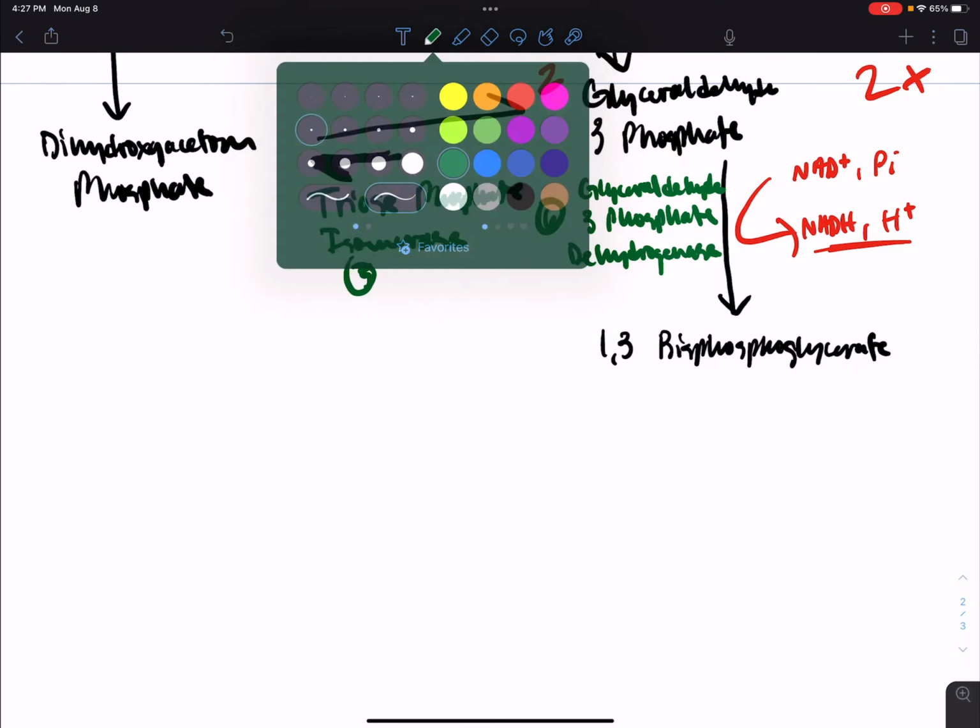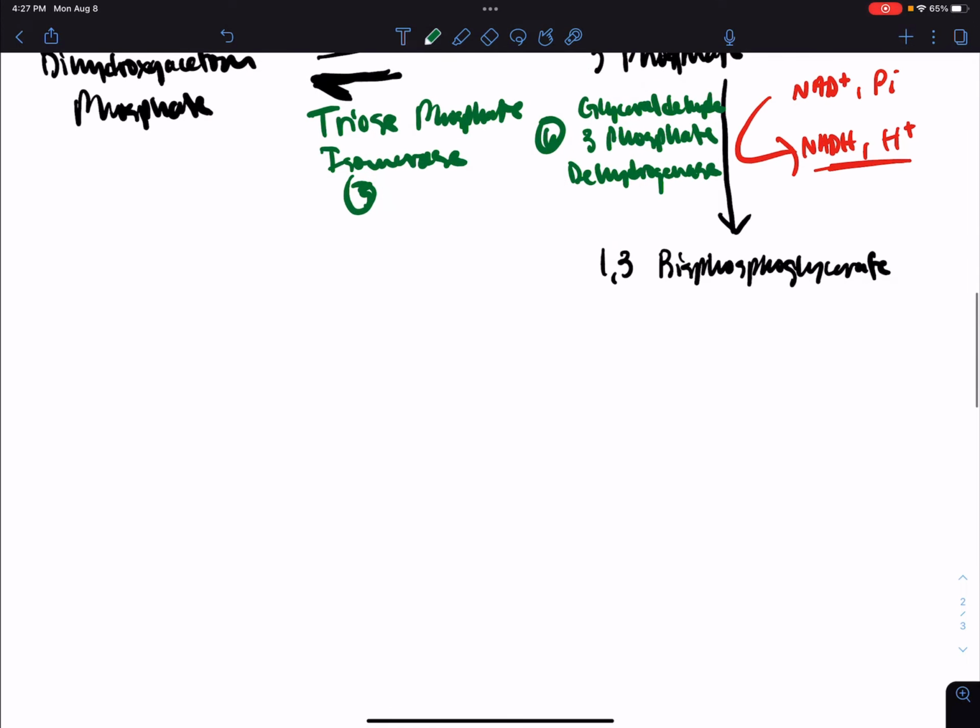So now we move down to 1,3-bisphosphoglycerate, which is being converted into 3-phosphoglycerate. Notice how one of those phosphate groups is disappearing. So something else is being phosphorylated.